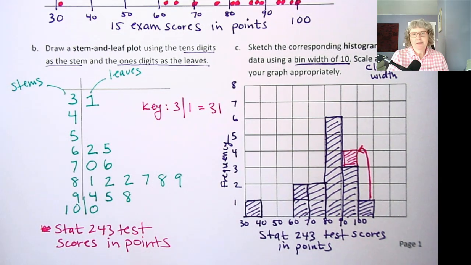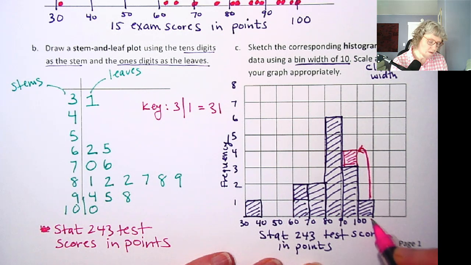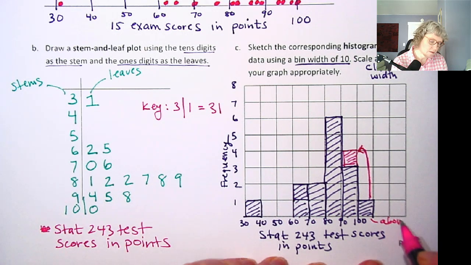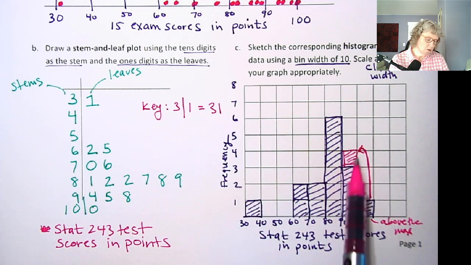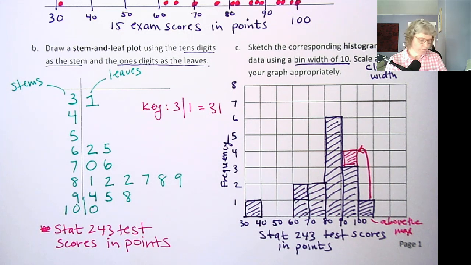Different programmers handle things differently and different statisticians handle things differently. So just something to be aware of. So if this right now is going above the max, it kind of looks like they go to 110, but you might say, oh, well, there was 100, so that's what that square is for. But some technologies will put it up there.